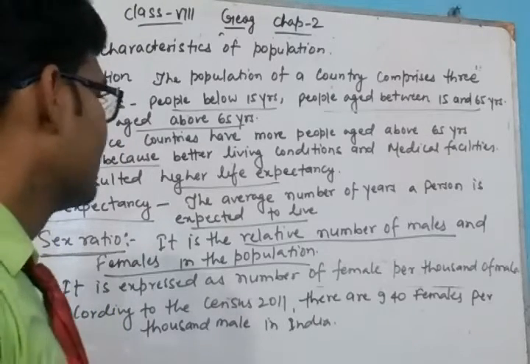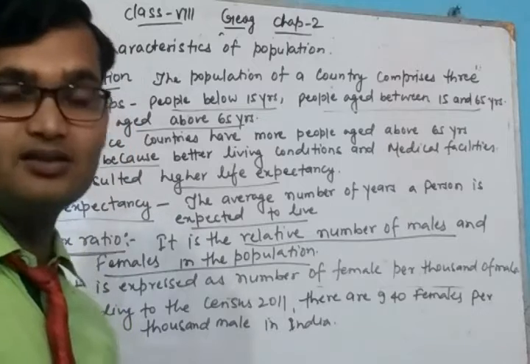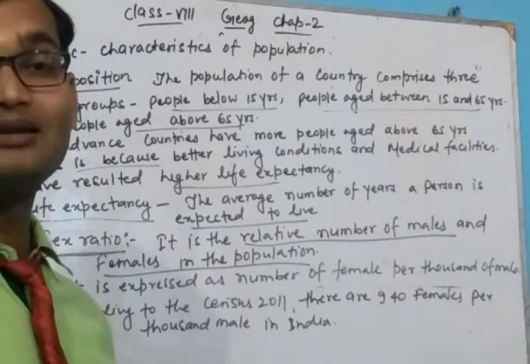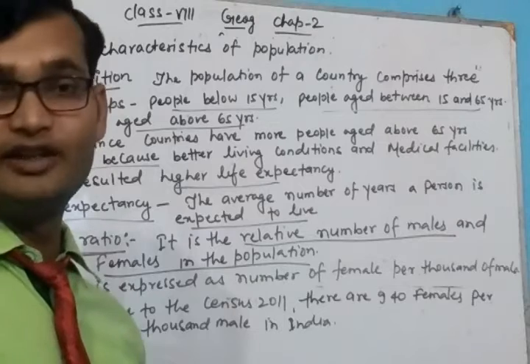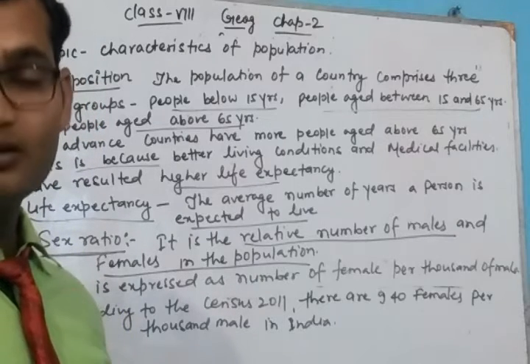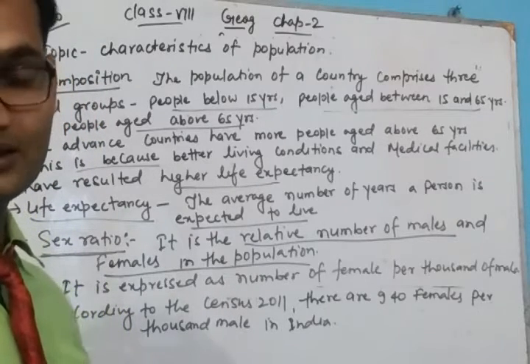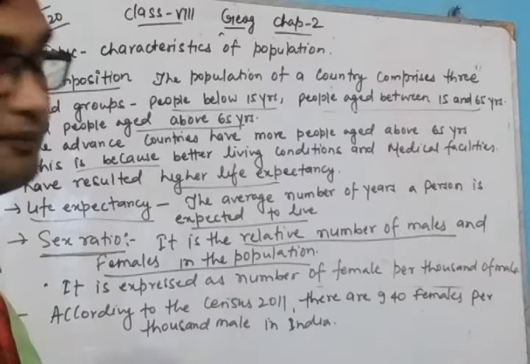In India, there are 940 females per 1000 males. This is the sex ratio of India, 940 to 1000.